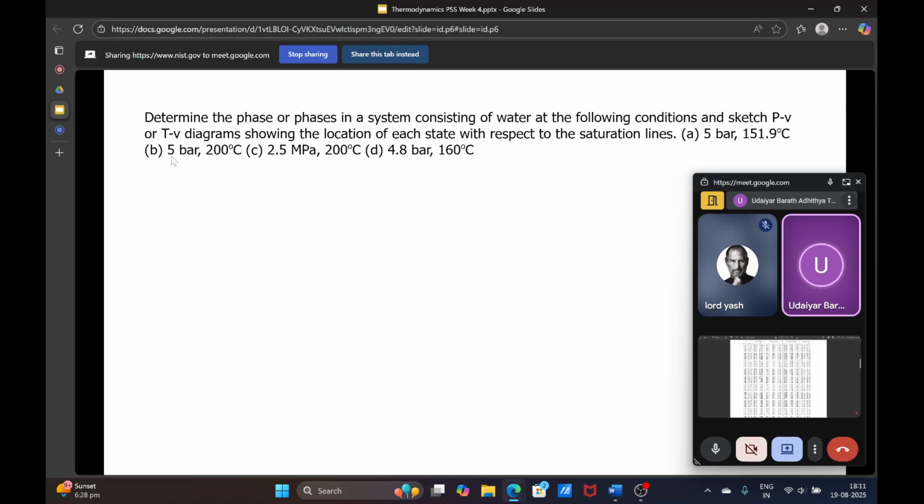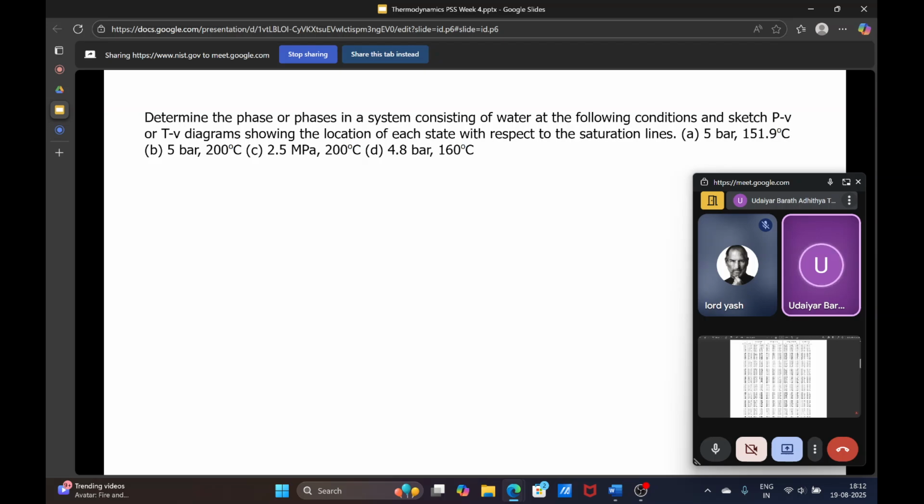So next is 5 bar and 200 degrees Celsius. In this case, your saturation temperature is 151.9, but this temperature is greater than the saturation temperature. So what will happen is, if you start your water at 151.9 degrees Celsius and keep on heating it, the liquid water will fully convert into vapor, and we will have vapor at 151.9.